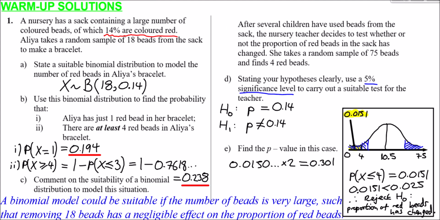This is another way to illustrate that our test was significant, because this represents 3%, which is lower than the level of significance. So therefore, considering this option here, that's therefore significant as a result, because 3% is less than 5%. Let's have a look at warm-up question 2.